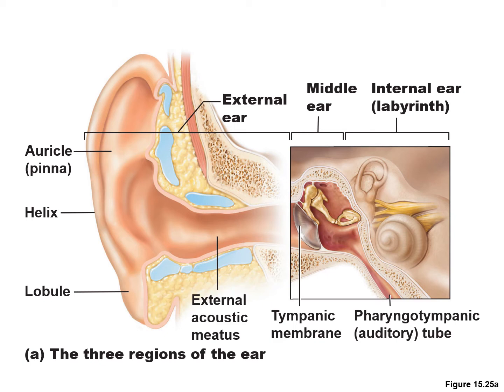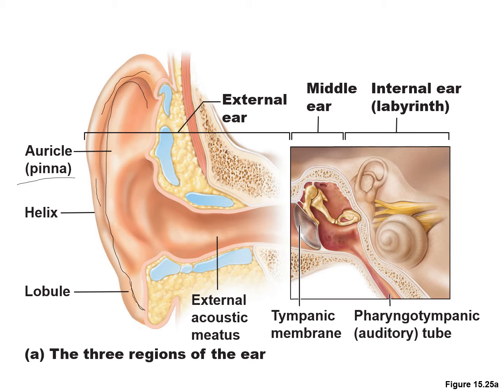These are interchangeable terms, so either one is fine. It's basically just your personal preference and what you can remember better. So this whole outer part of the ear is your auricle or your pinna. The helix is the most lateral rim of that outer ear, and then the lobule is the earlobe itself.